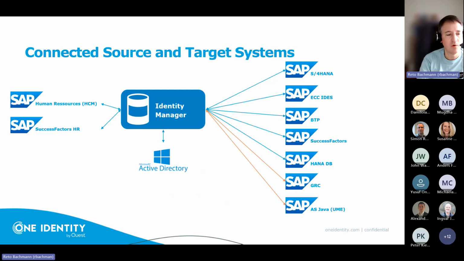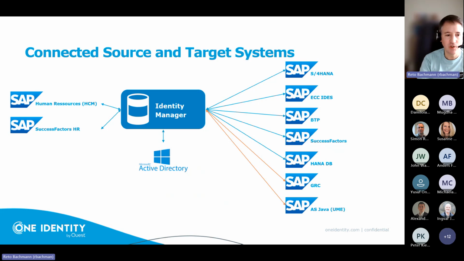As you know, there is no limitation on how many HR systems we are connecting to Identity Manager. So we can connect the HR system on the left side and consume the data from there to create the identities, as you have seen the last days, what Simon and Ingvar were showing.